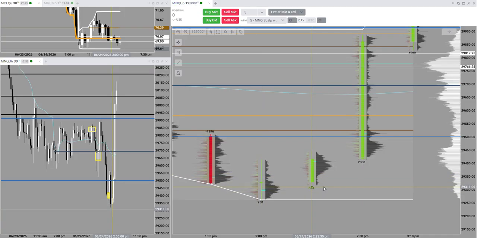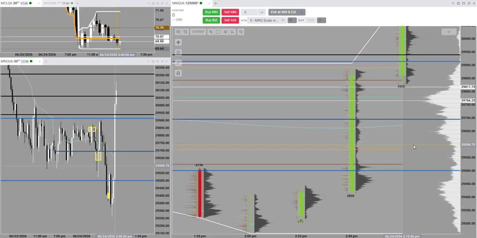Otherwise, I'm just looking for divergence, and I could probably just take the delta off and trade just as well. But a lot of the traders that I follow use delta, and so I'm just trying to get a feel for it, kind of learning organically.